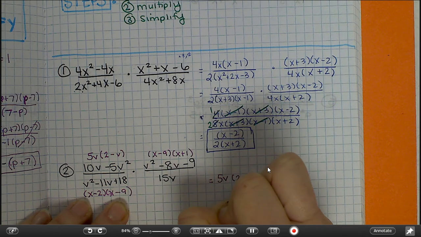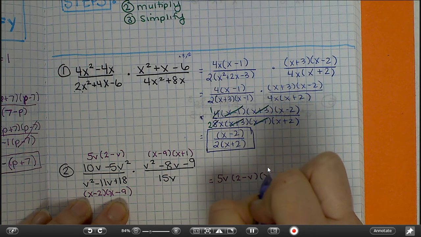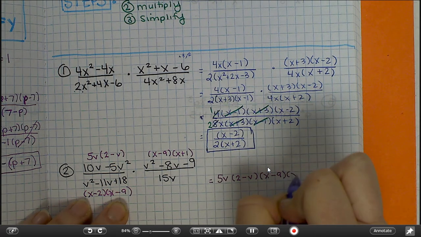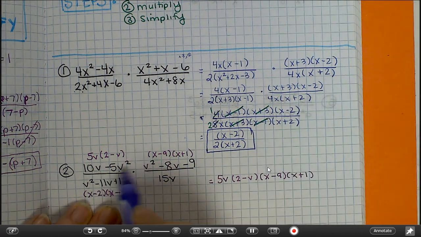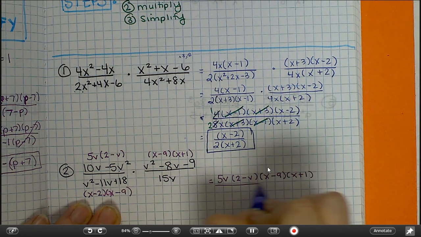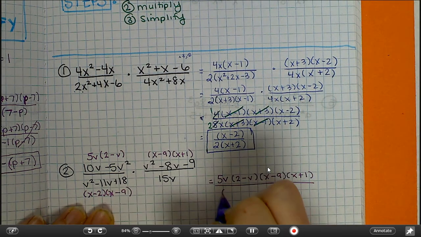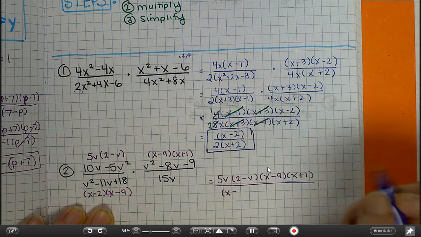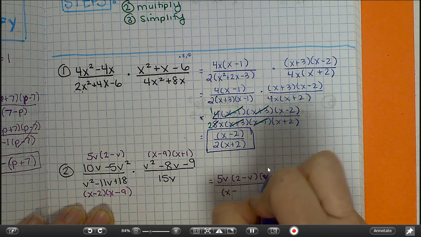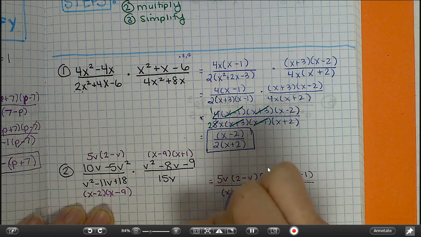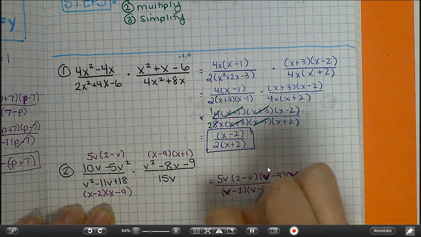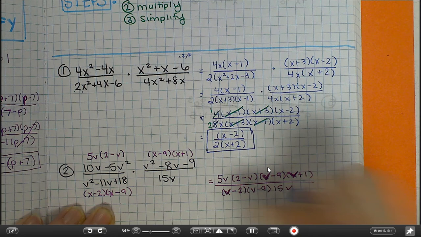5v, 2 minus v, x minus 9, x plus 1. That's just multiplying the numerators over x minus, why am I putting x? These are all supposed to be v's. v minus 2, v minus 9, and 15v.